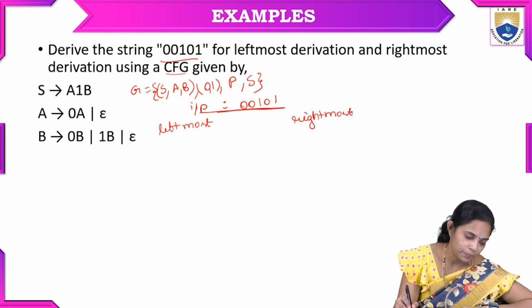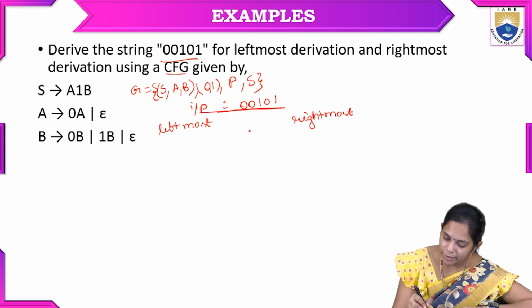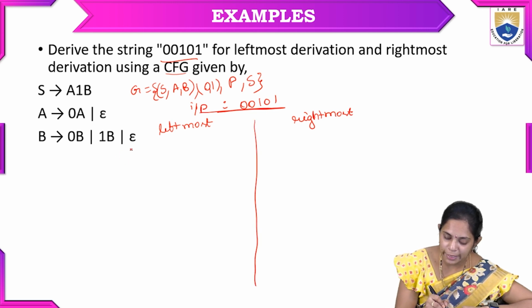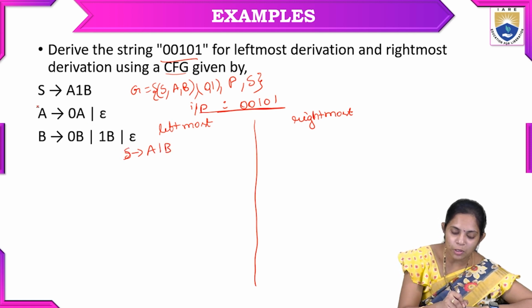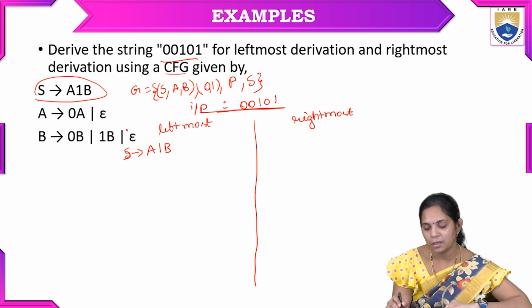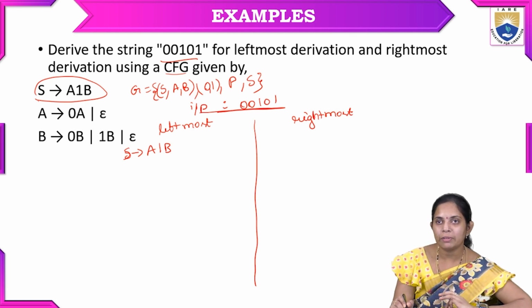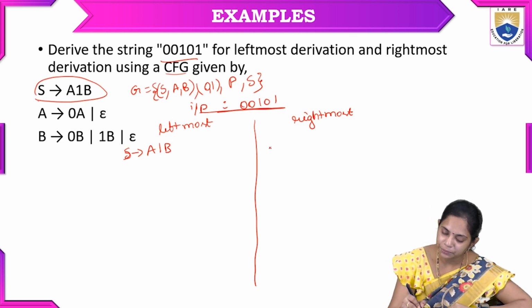So here we will take the first production rule S tends to A1B. And we have only one production rule for the start state. So with that start state only we have to derive the equation.